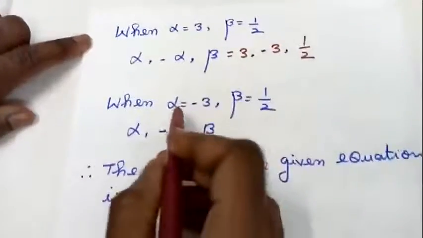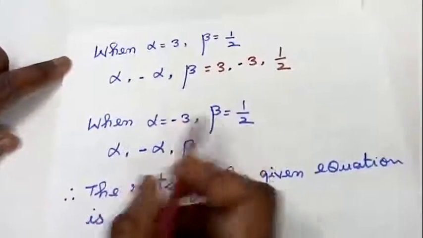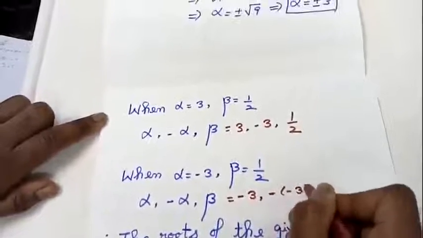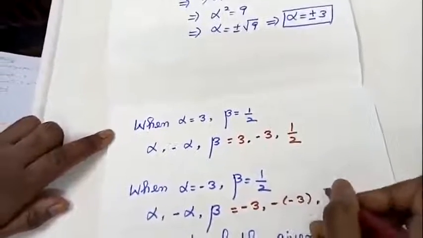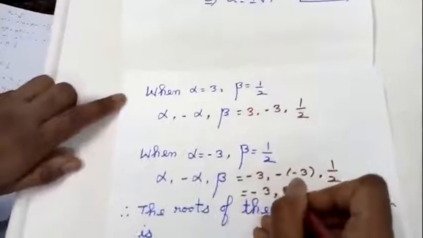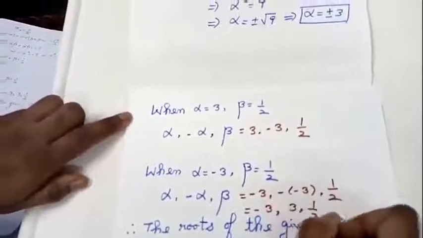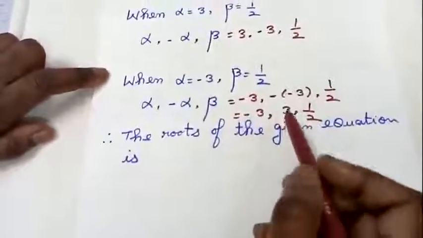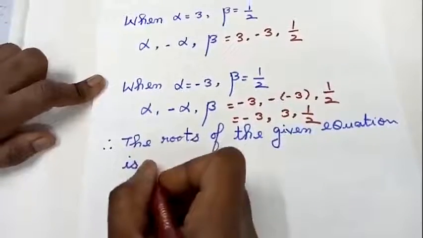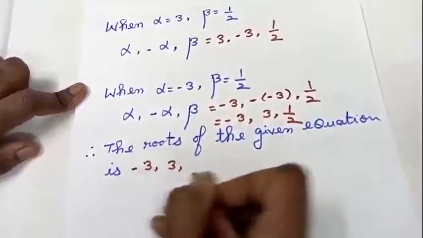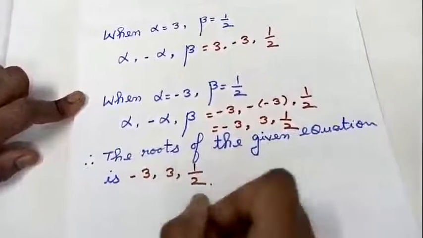When alpha equals minus 3 and beta equals 1 by 2, I get minus 3, minus of minus 3, 1 by 2, that is minus 3, 3, 1 by 2. Both answers are the same, only interchanged. So the roots of the given equation are minus 3, 3, 1 by 2. And this is the answer.